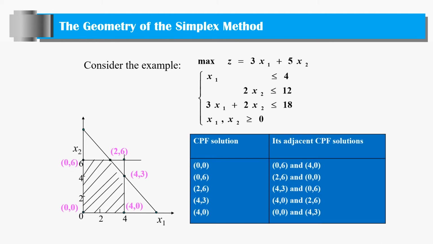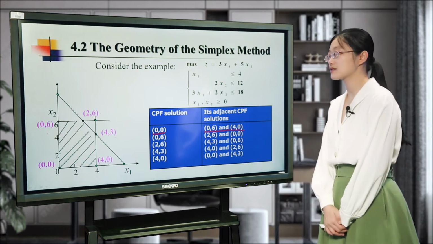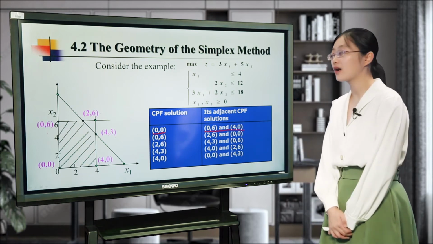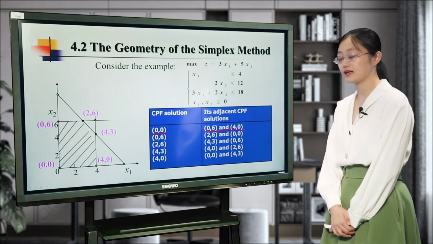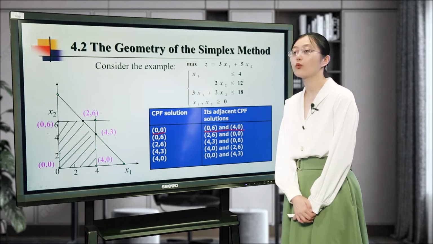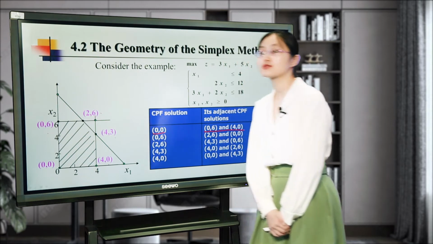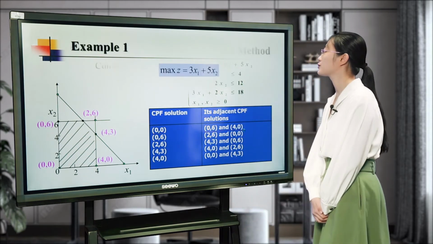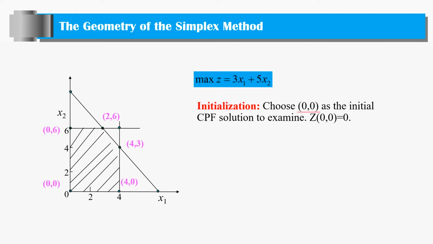We can list out one corner point and all its neighbors here. Then the simplex method says we start at one CPF solution and repeatedly apply the optimality test. The question first is where to start. Looking at this picture, the easiest one to start with is the origin. So we choose the origin (0, 0) as our initial CPF solution.